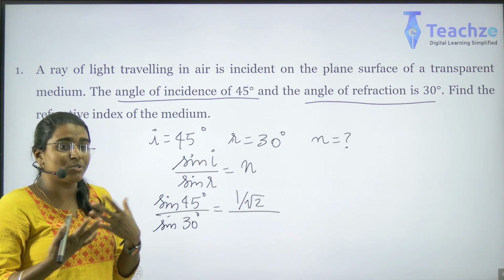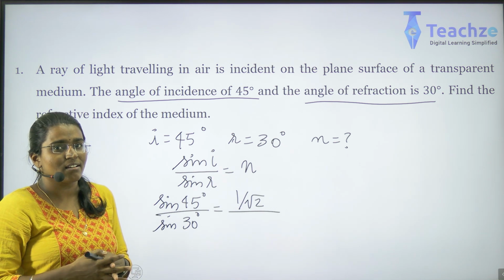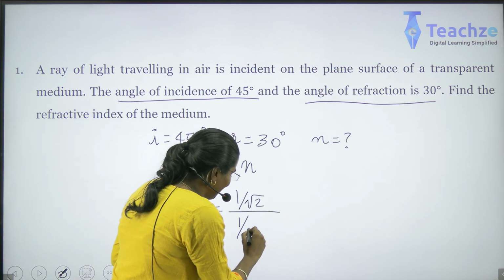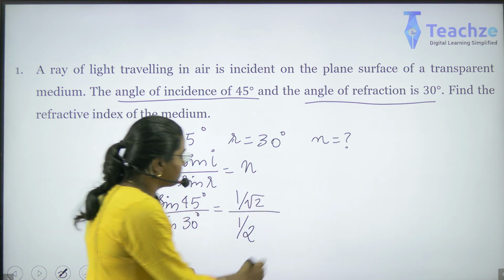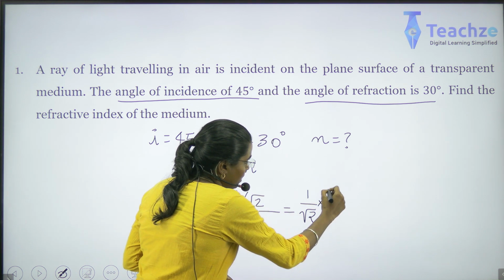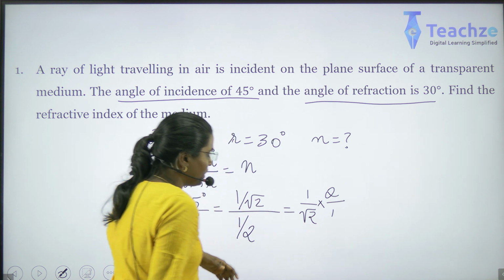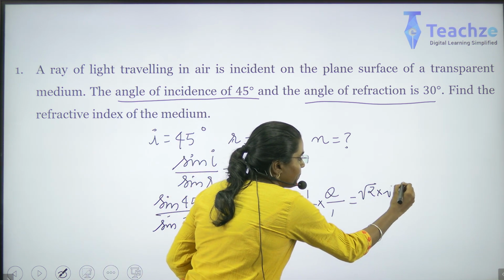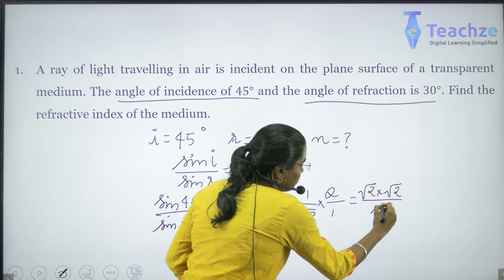There's always a confusion between sin 30 and sin 60, right? It's 1 by 2. Good. So just simple mathematical operations. We will take the reciprocal. So 2 can be written as root 2 into root 2, divided by root 2.